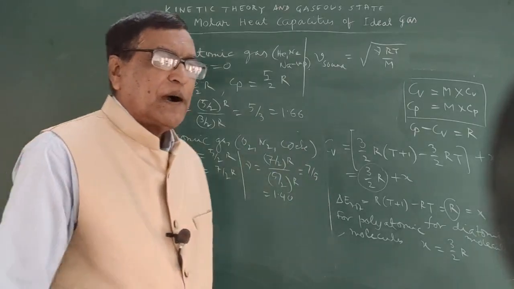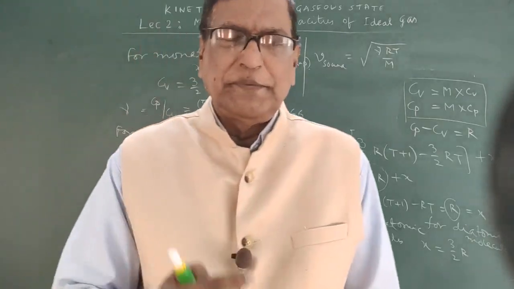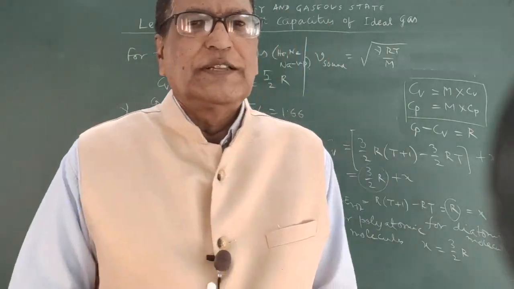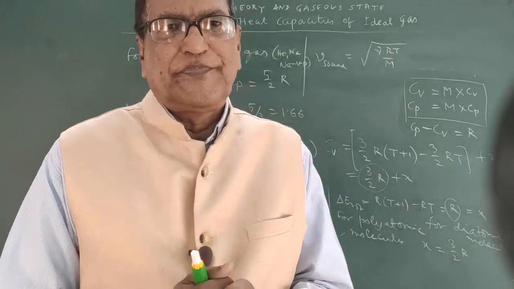So if the value of gamma is found experimentally to be 1.40, then it will be a diatomic molecule.